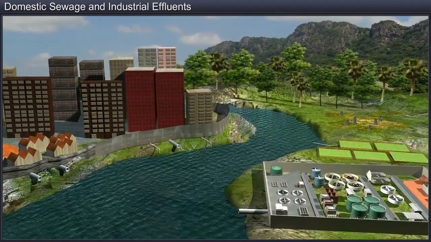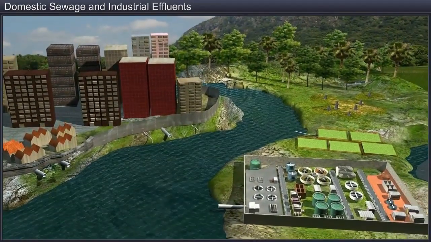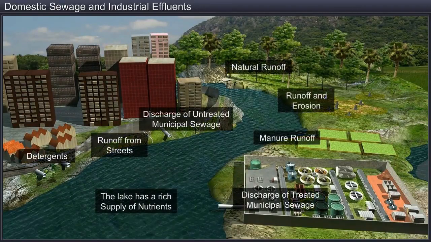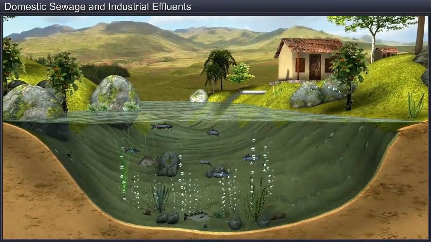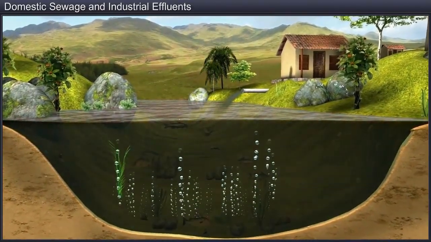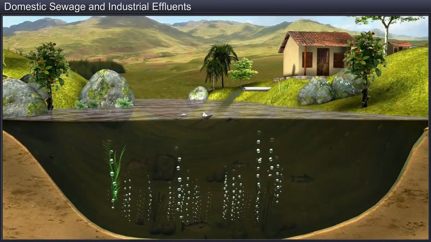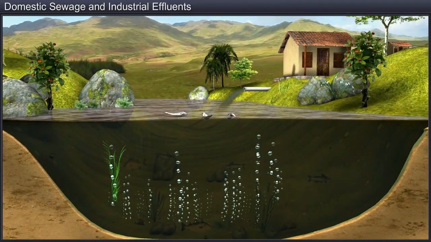In fact, eutrophicated water bodies have a rich supply of nutrients such as nitrogen and phosphorus, which favors the growth of aquatic organisms. However, sewage leads to excessive eutrophication, causing plankton blooms, which kill aquatic fauna.